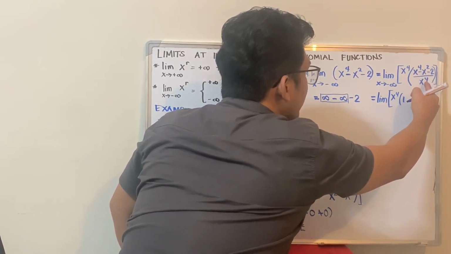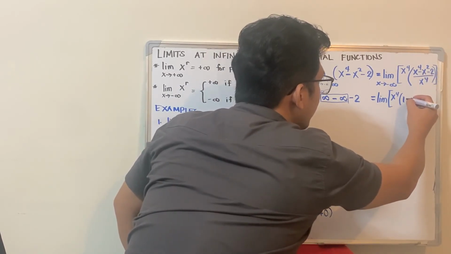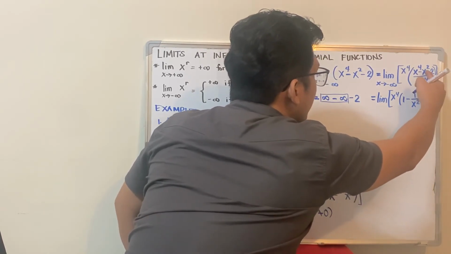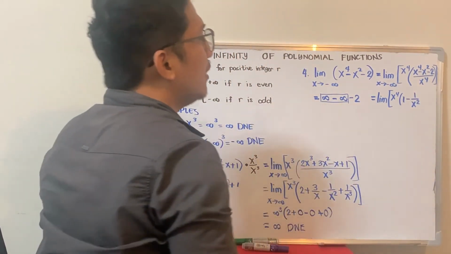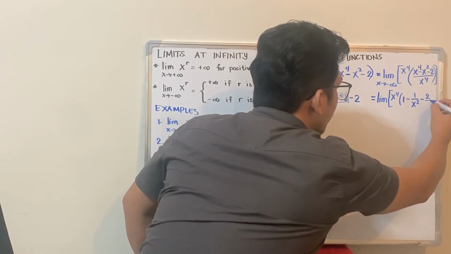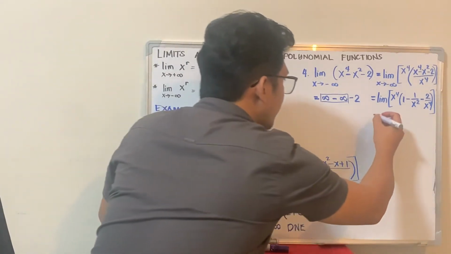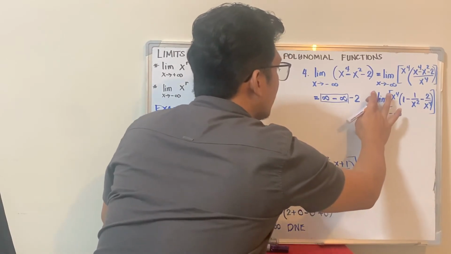X squared over x4 is 1 over x squared. So, minus na siya 1 over x squared. Okay, di ba? Negative x squared over x4 is 1 over x squared. And then minus 2 all over x raised to 4. As x approaches, of course, negative infinity.